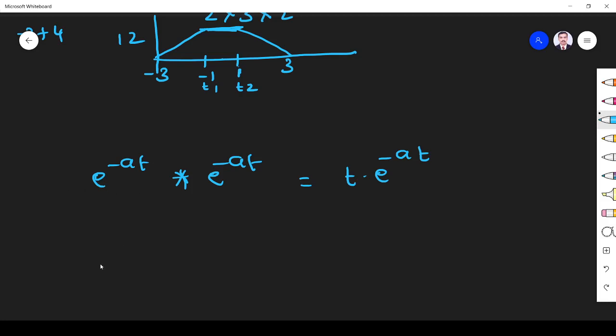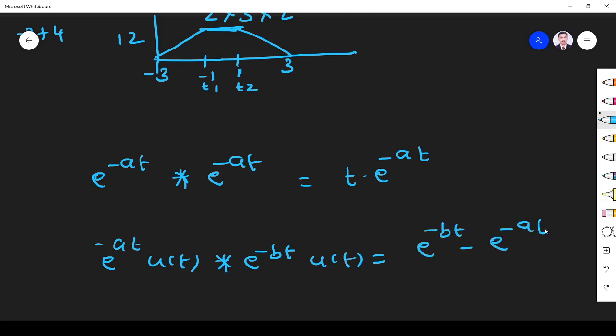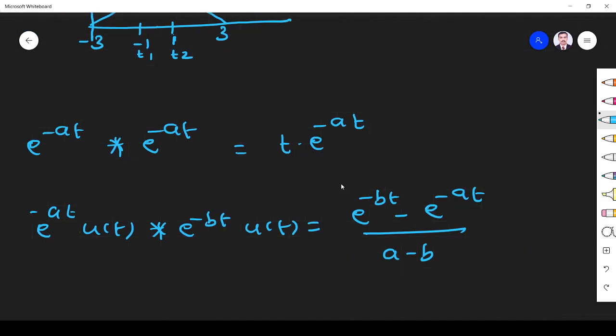Another thing they ask is what is the convolution between e power minus at u of t star e power minus bt u of t. For this the answer is e power minus bt minus e power minus at, divided by a minus b, u of t.